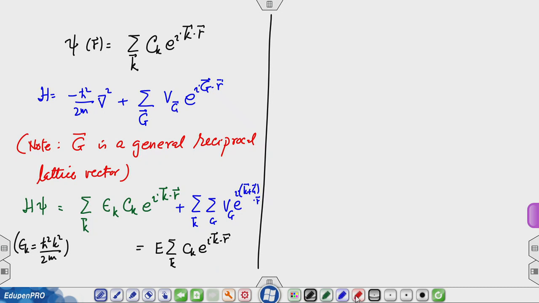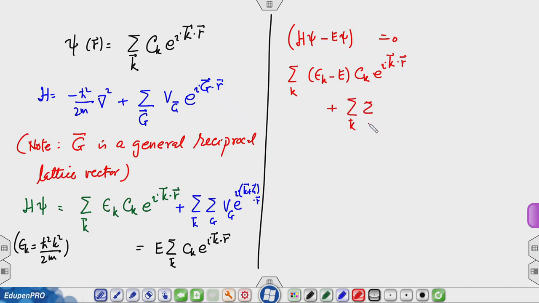You bring the right hand side to the left hand side and you get h psi minus E psi, which should be 0, and this can be expanded as summation over k epsilon k minus E c k e raised to I k dot r plus summation k summation g V g e raised to I k plus g dot r is equal to 0.